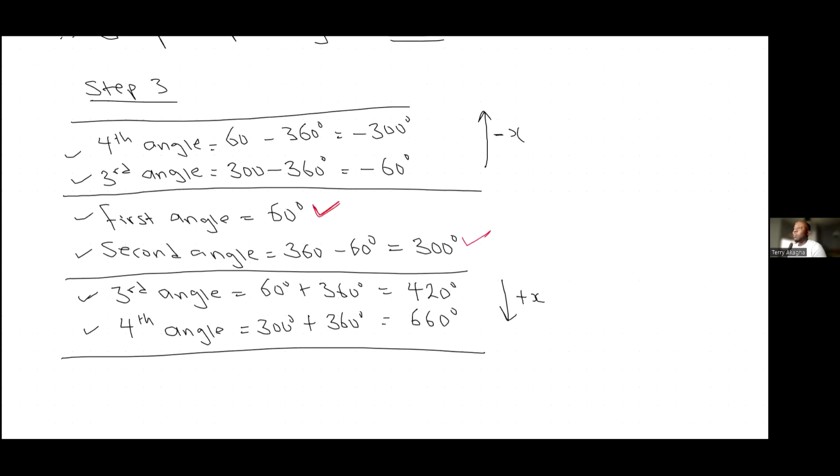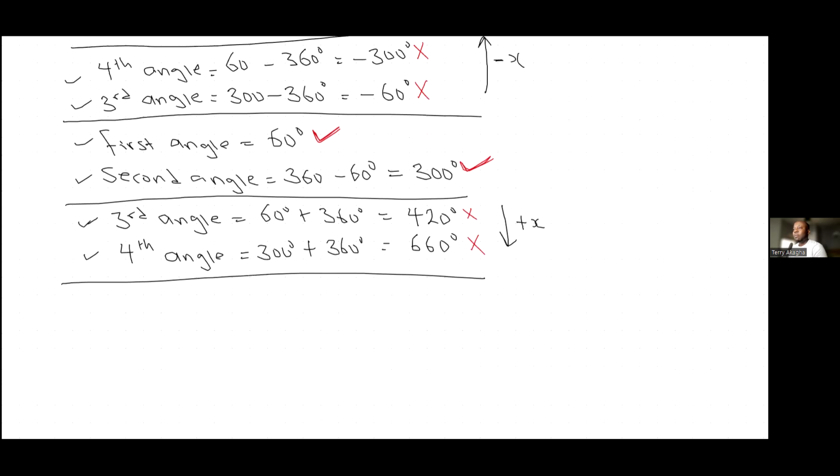The other ones will not be part of the solutions. So for this example, the value of theta, that is the solution here, is going to be 60 degrees and 300 degrees.